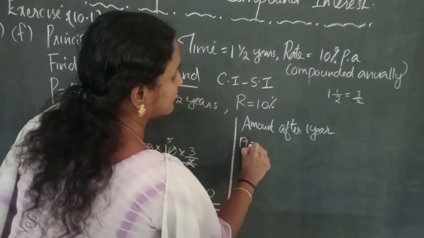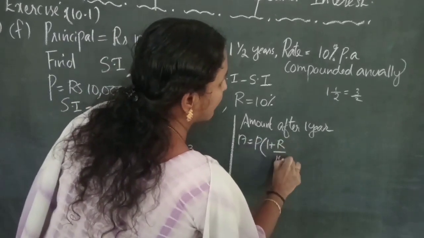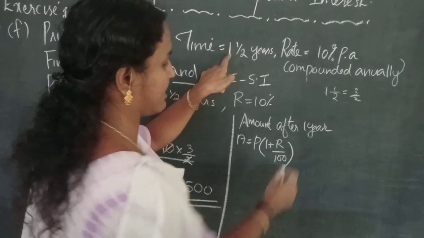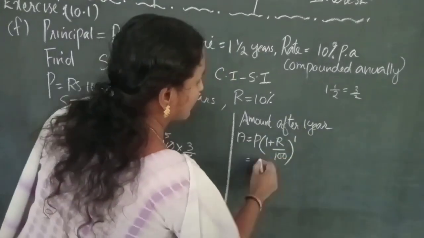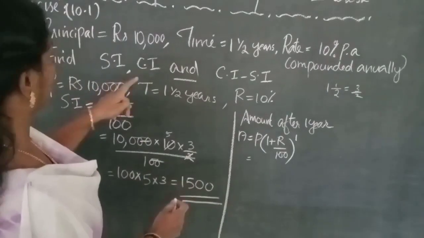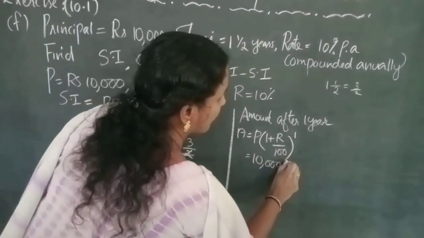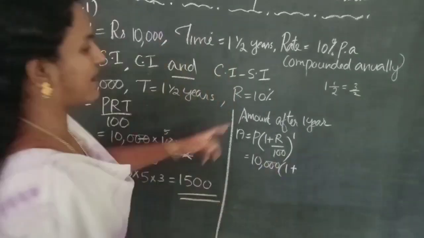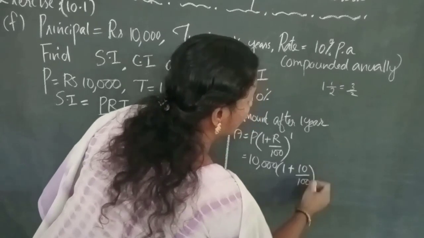So A is equal to P into 1 plus R by 100, the whole power 1. The whole power 1 is equal to P. Here the value of P is 10,000. So 10,000 into 1 plus R 10 by 100, the whole power 1.